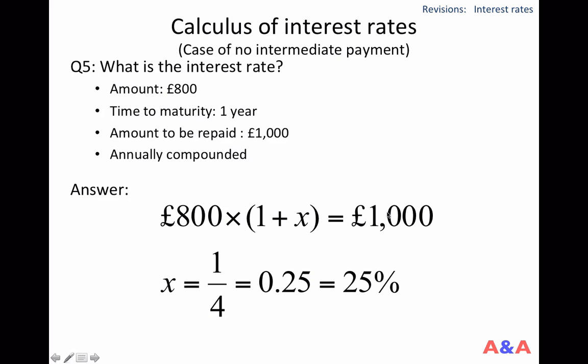If you solve this equation, x is equal to 0.25 or 25%. So, if you borrow £800 to repay £1,000 in 1 year, that means that you have 25% annual interest rate. Indeed, 25% of £800 is £200. So 800 plus 200 is equal to £1,000. Okay?